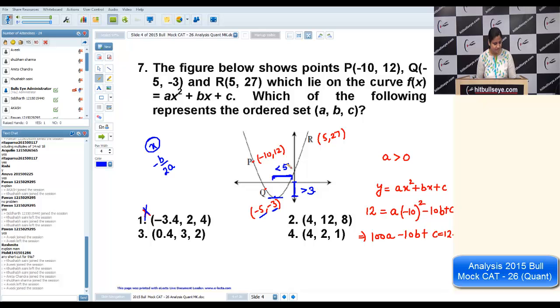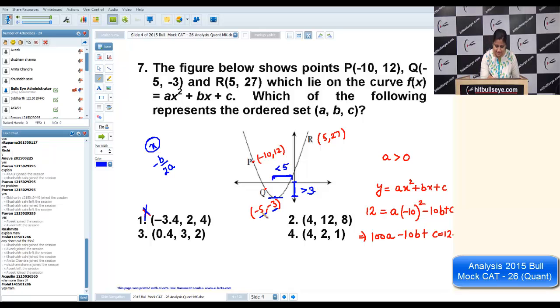Is it okay? Mohit? Aquilin, why more than 3? See the coordinates for minus 5 and minus 3. Let us see, if this is Q and this is minus 5 and minus 3, it means this length should be 5 and this height should be 3.